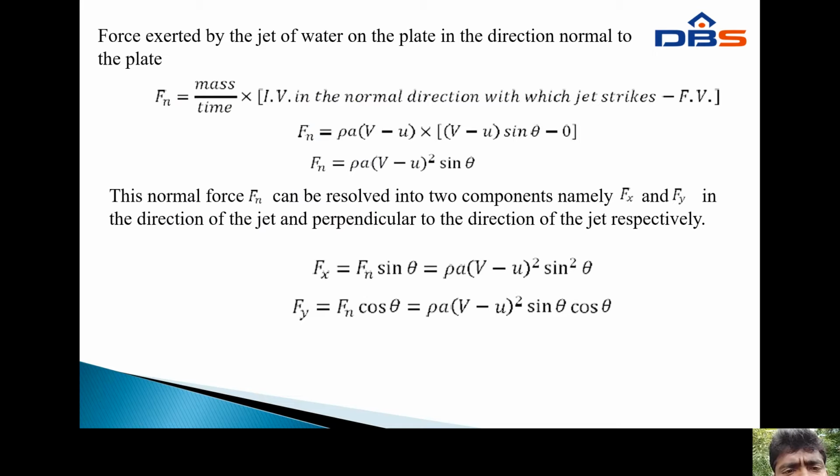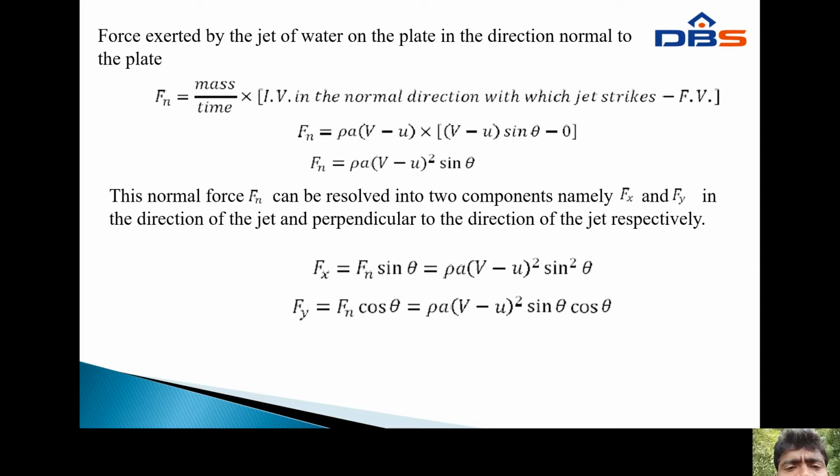Next, the force exerted by the jet of water on the plate in the direction normal to the plate, F_n, equals mass per time into initial velocity in the normal direction with which the jet strikes minus final velocity, same as in the fixed plate derivation.